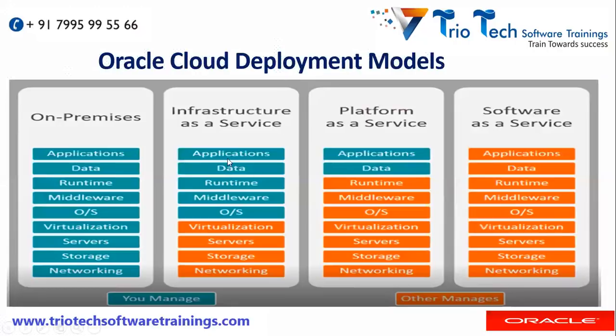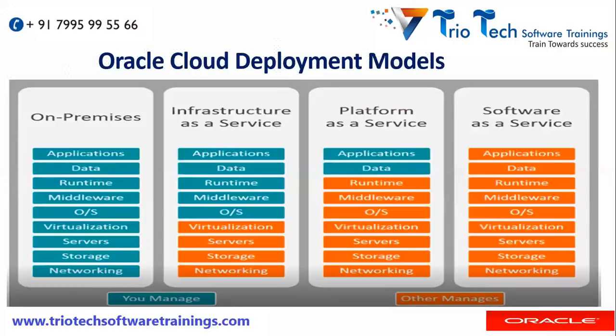Now let's say I want to have it on premise, but I don't want my company to manage it. I don't want to use my own data center. I want Oracle to provide me a data center. In this kind of scenario, I go for infrastructure as a service.